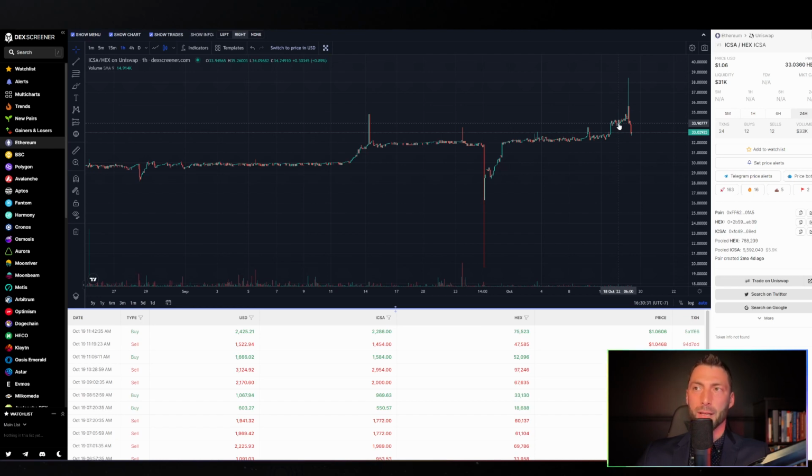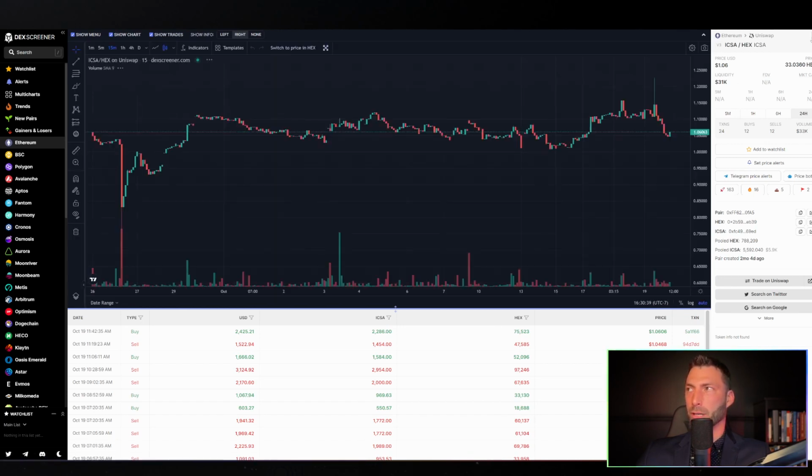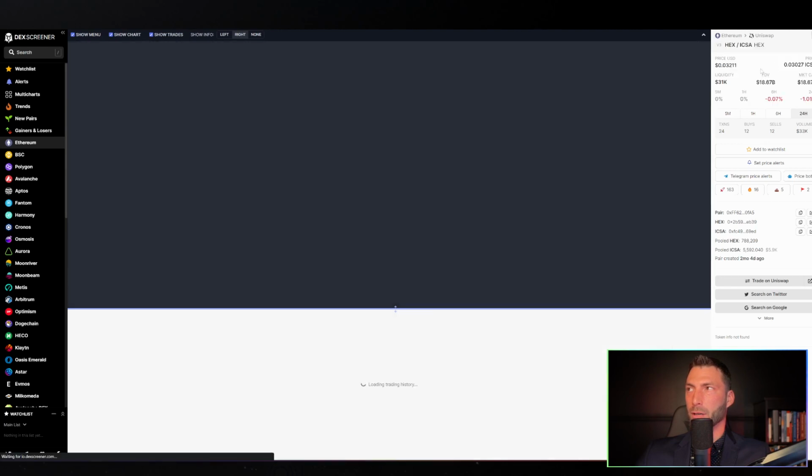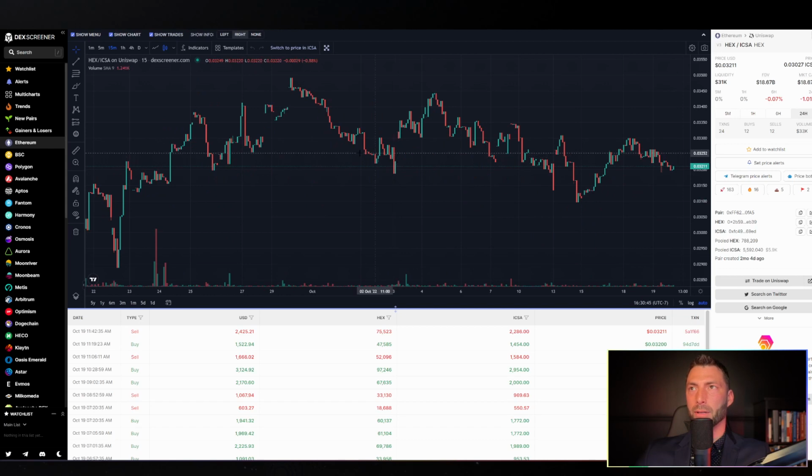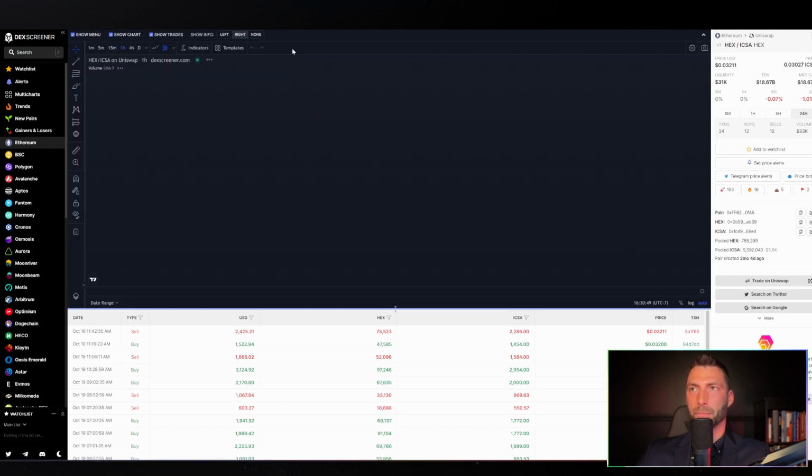I'm going to link this graph below, and if you're going to use that link, just to be clear, when you first get to this graph, it's going to look like this, which isn't very helpful. You're going to need to go to right here, switch to price in Icosa.